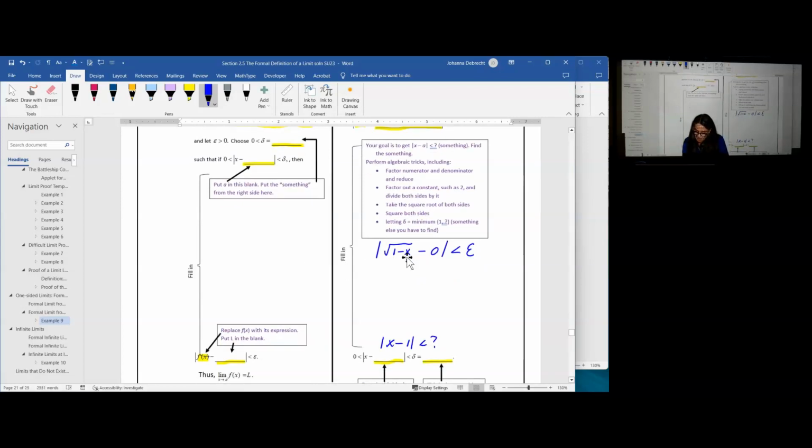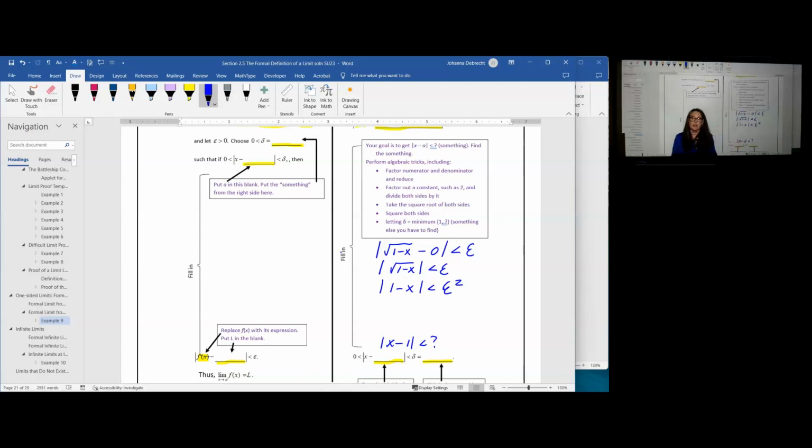Okay, well, if I look at this, I can go ahead and rewrite this without the 0, and I come up with this expression. Now, I'm close to having my x minus 1, but not quite. I've got a square root in there, which I do not want. Well, I could square both sides. That would get rid of that. And then I have 1 minus x less than epsilon squared.